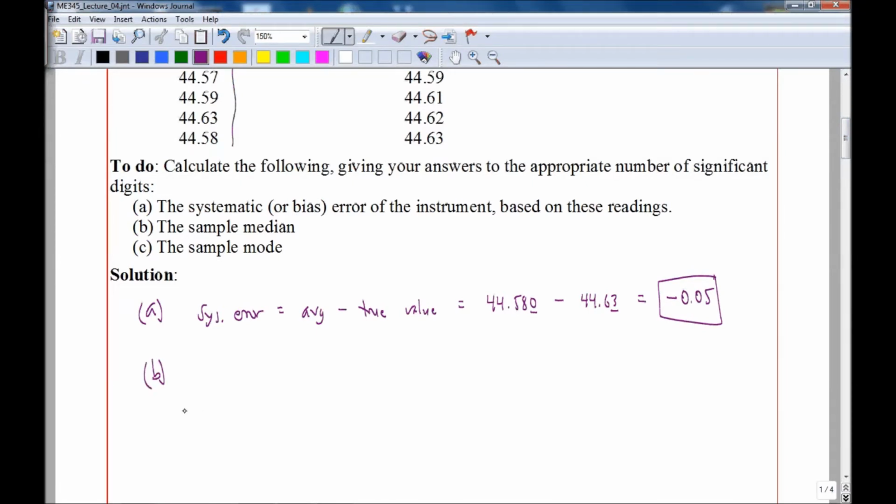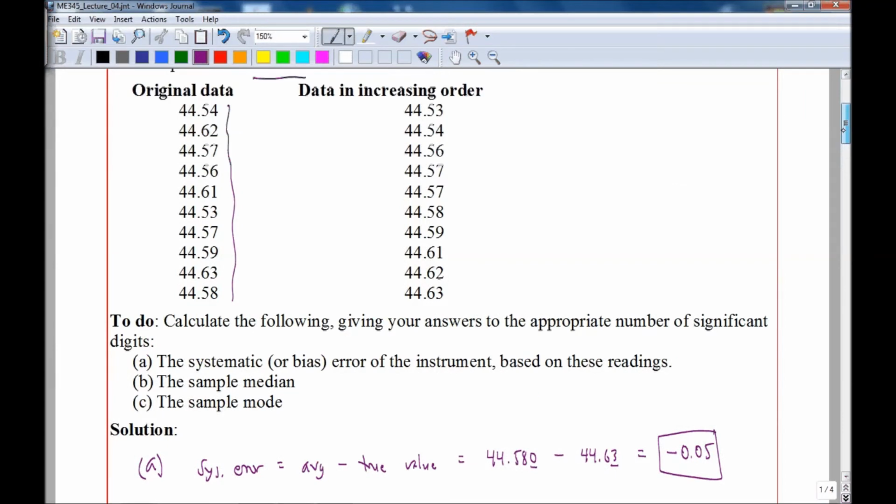When we calculate the median, it is the middle value, and since I arranged these in order, we would choose this value. Since we have an even number, we have to average, so the median equals the average of these two, which is equal to 44.575.